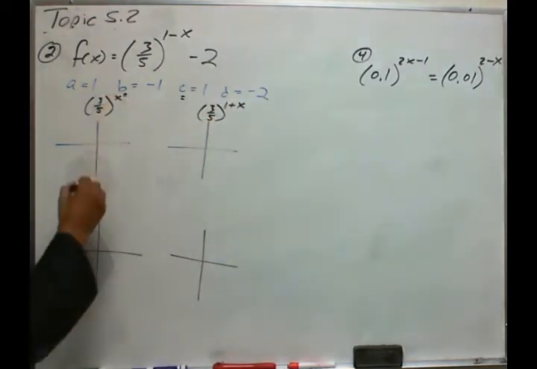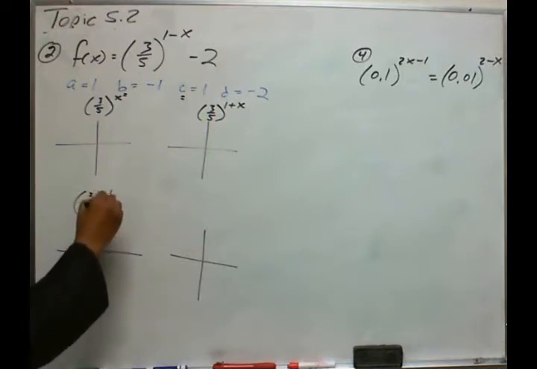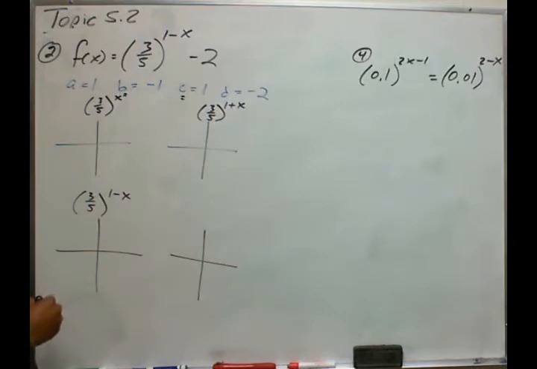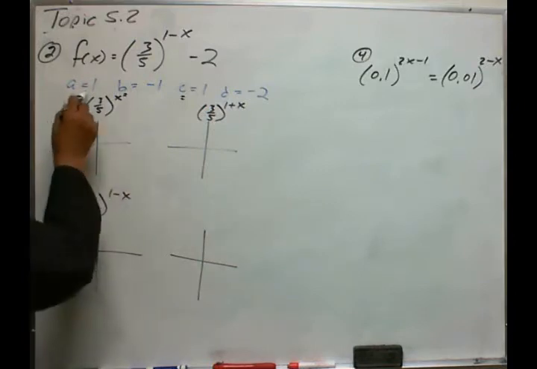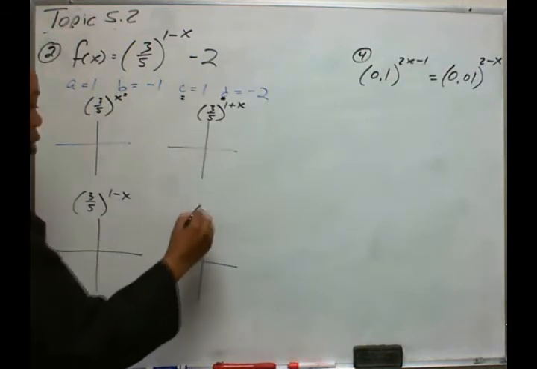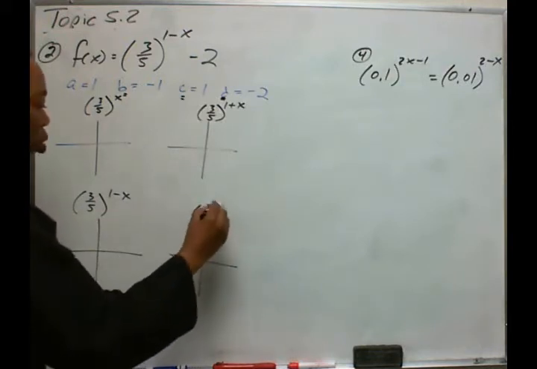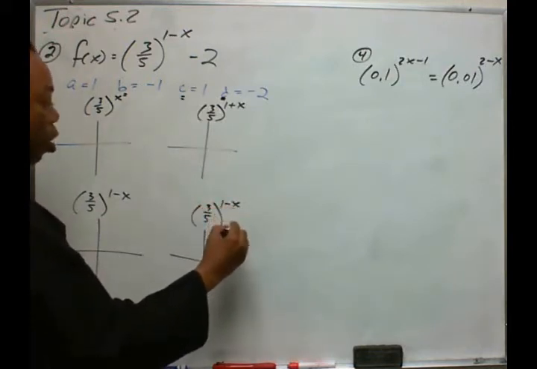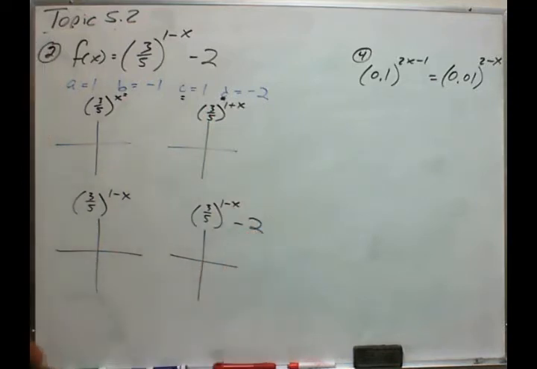Next, our B parameter, so we'll have 3/5 raised to the 1 minus x power. And then A is understood, so we'll go to our D parameter. So this will be 3/5 to the 1 minus x power, all minus 2.